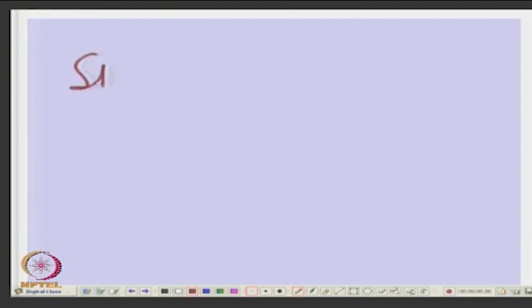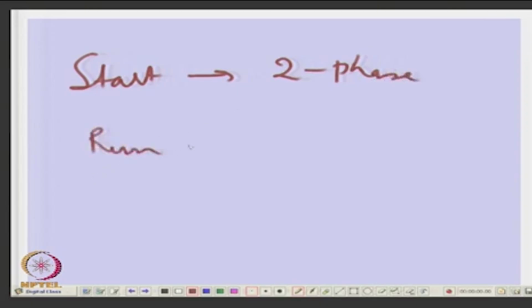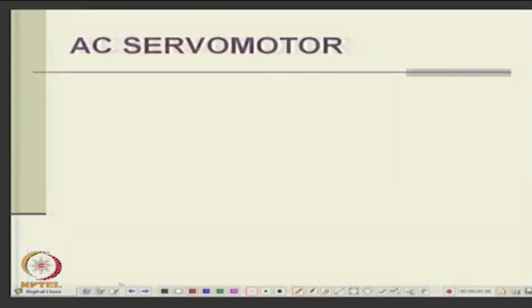Say start, invariably it will be 2 phase, and run it can be 2 phase or single phase, because if you have a 2 value capacitor, this is what is likely to happen. This is one application. So, capacitor motors, this is what it will be.